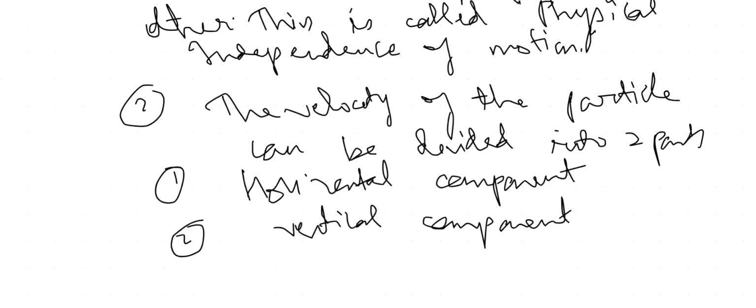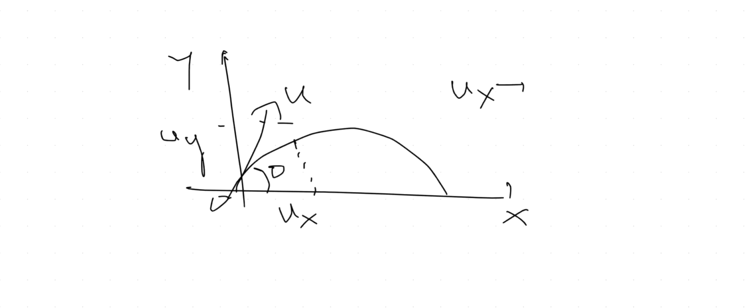Suppose this is a projectile which is thrown with an initial velocity u, making an angle theta with the horizontal. Ox is horizontal, Oy is vertical. ux is the horizontal component, uy is the vertical component. So what is ux? Horizontal component of initial velocity in the x direction.